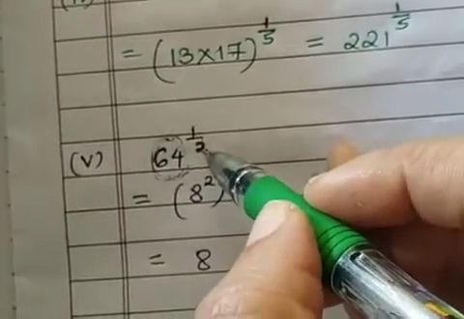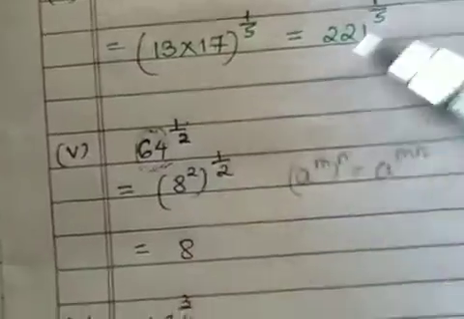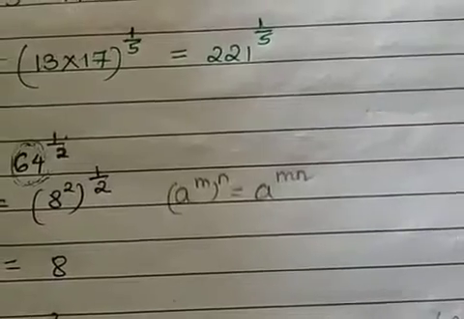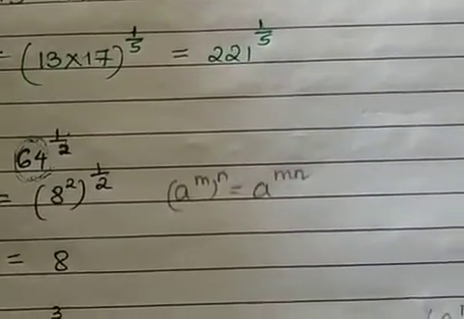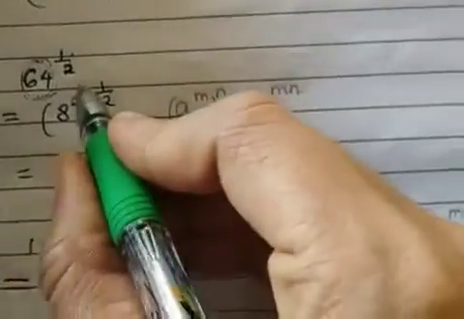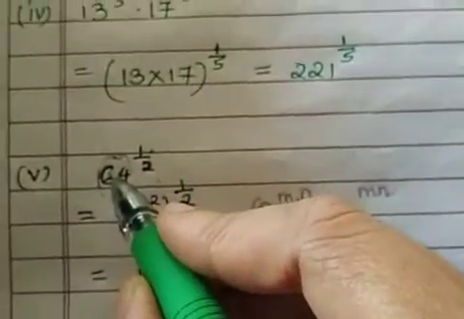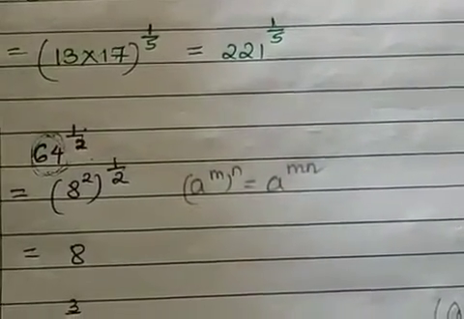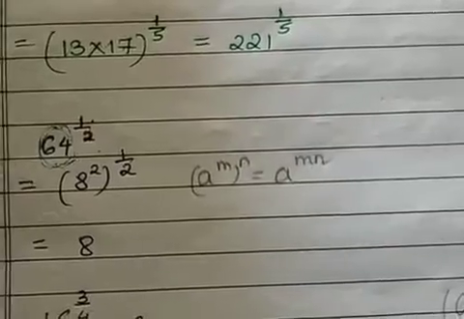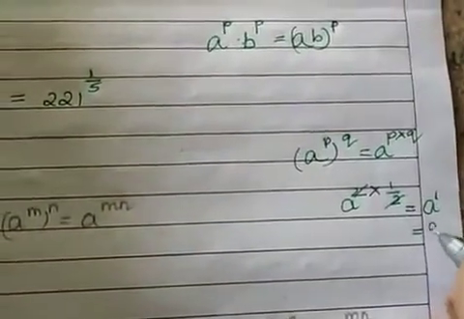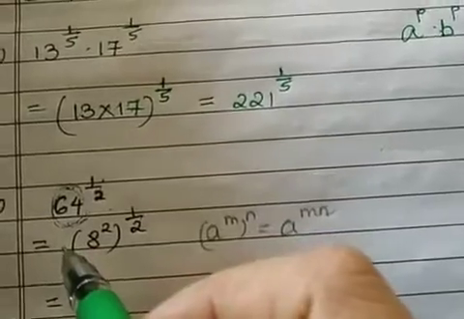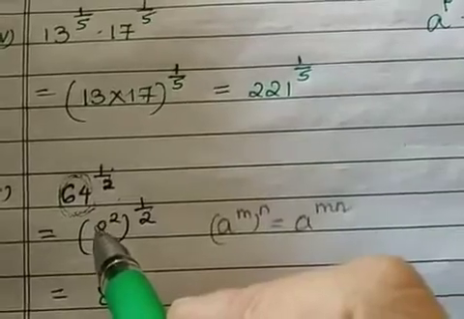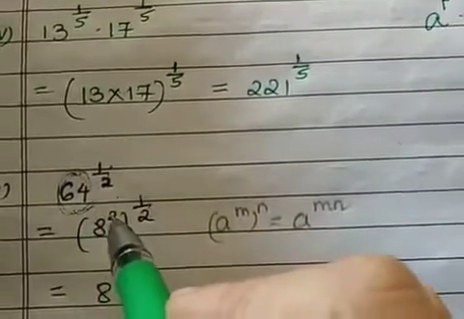Because it is 2 here, and using the property a raised to p raised to q is a raised to p multiplied by q, if I write this as square of some number, then it will be a square multiplied by half. This number will get cancelled and you'll get a raised to 1, which is a. So for that purpose, we write this number as square of some number. Here we write it as, 64 is 8 square.